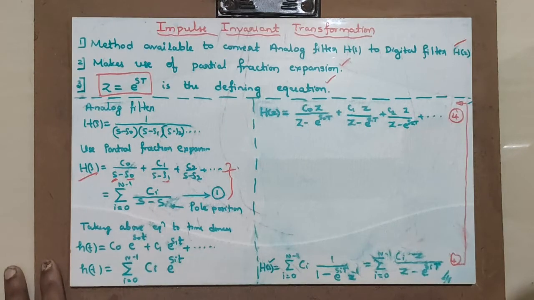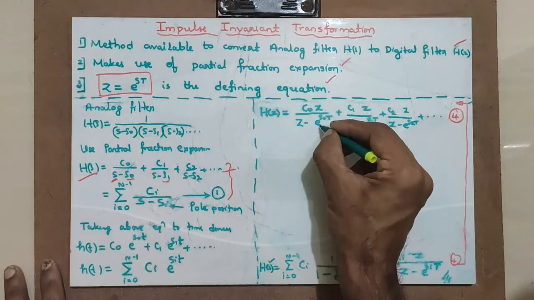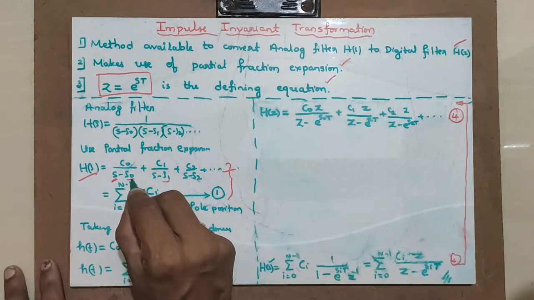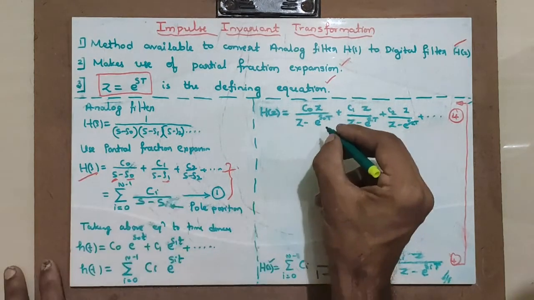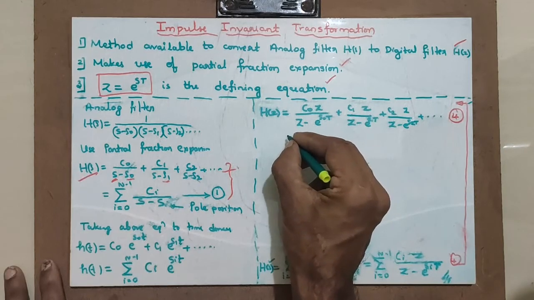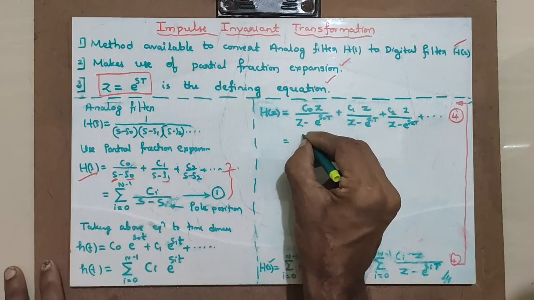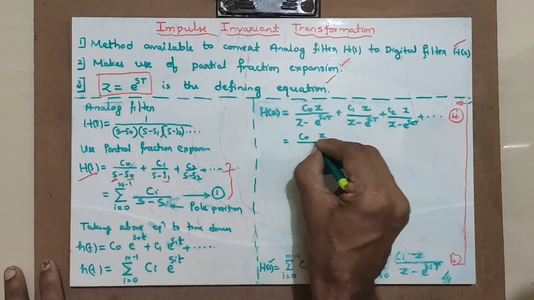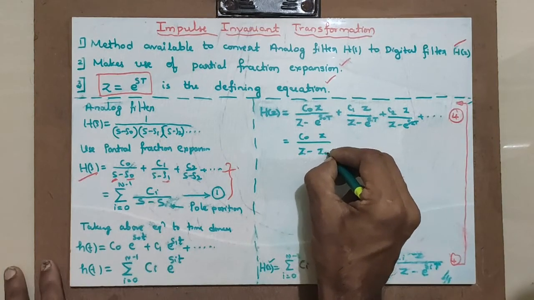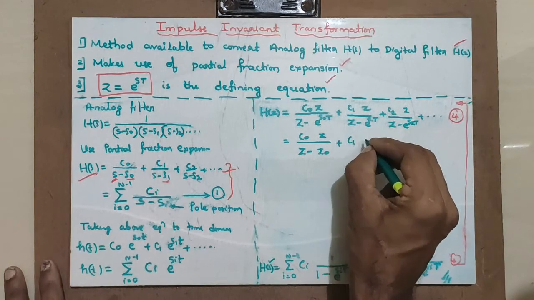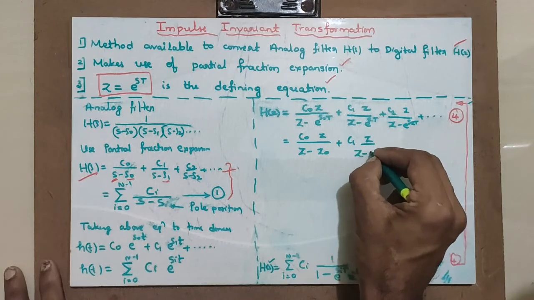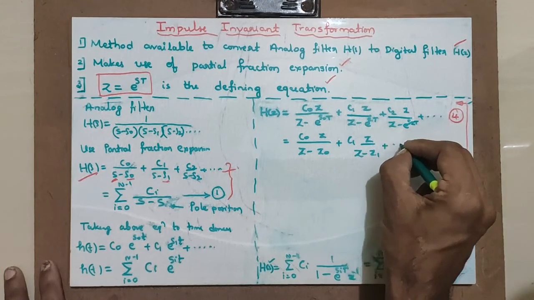Whereas this is the pole position in case of z domain, this is the pole position in case of s domain. See here, I can just write the above equation like this also: c0 z divided by z minus z0, plus c1 z divided by z minus z1, plus so on.